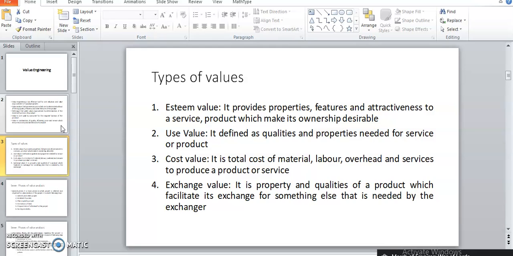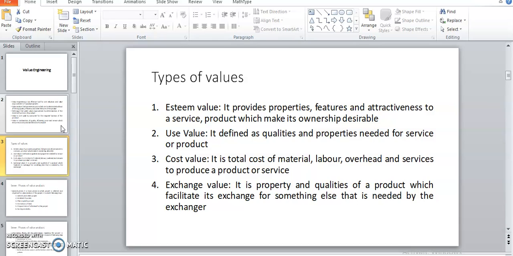It provides properties, features and attractiveness to the product or service which make ownership desirable.